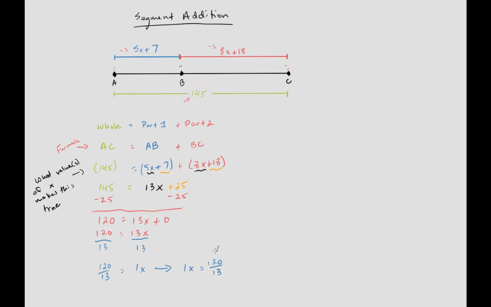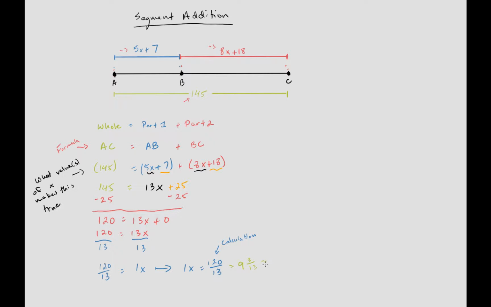Improper fractions are actually great, and they're actually the best thing for calculation, but they're generally not as good for measurement. And since we're talking about geometry here, it might be useful to go ahead and rewrite this as a mixed number. 13 goes into 129 times, and then there's going to be 3 left over out of 13, and that is a perfectly good answer.